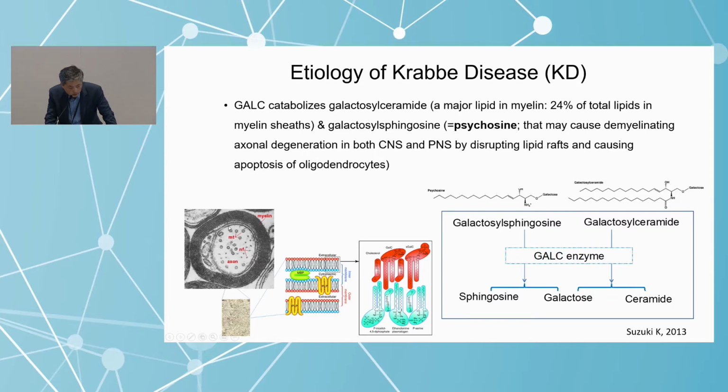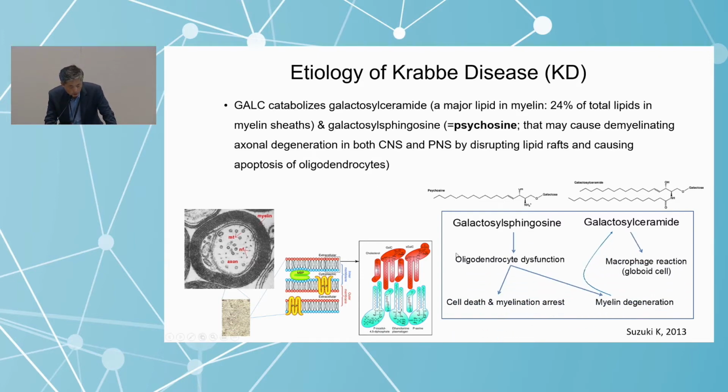If you see this figure and these high-powered images, the outside of the lipid membrane is mostly galactosylceramide. And galactosylsphingosine, also called psychosine, may cause cell toxicity and cell death, disrupting the lipid raft and causing oligodendrocyte death. So in the case of the Krabbe disease patient, due to the GALC protein deficiency, psychosine causes oligodendrocyte death and demyelination.